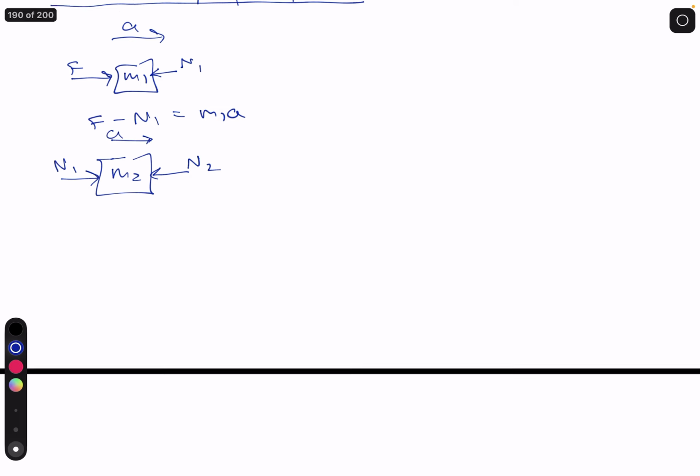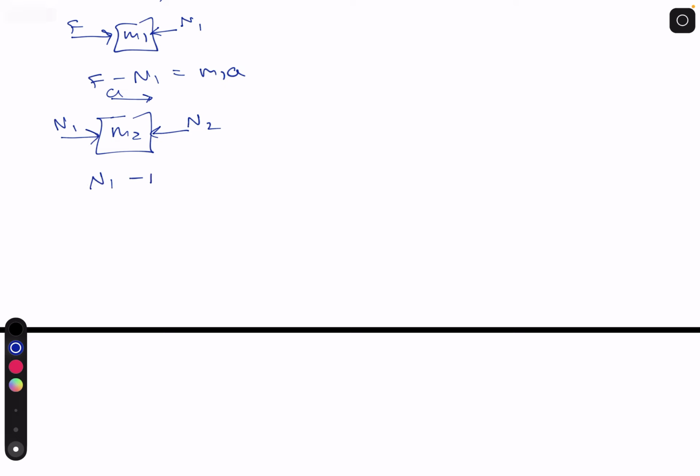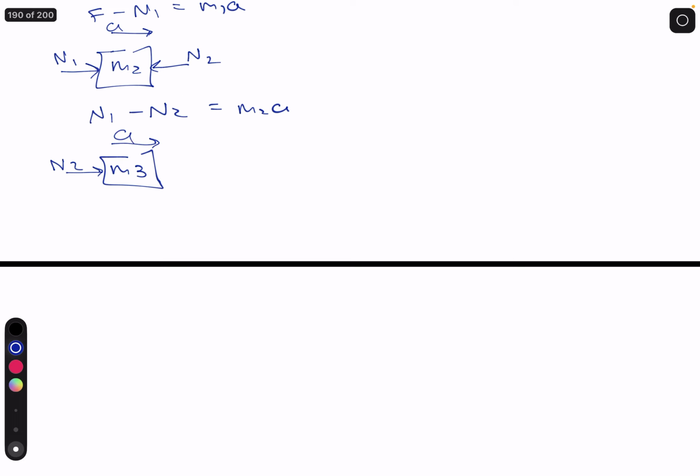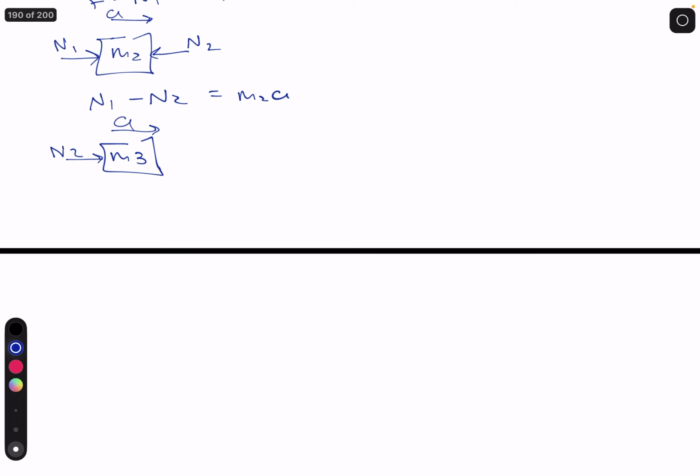So that means N1 minus N2 is equal to M2A. And for the M3 block there is just N2, and I'm going to assume that acceleration is in the same direction. So that means M3A is equal to N2.